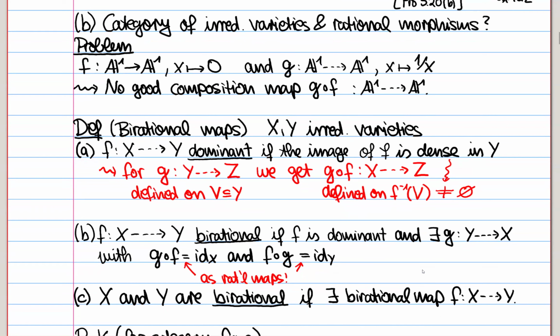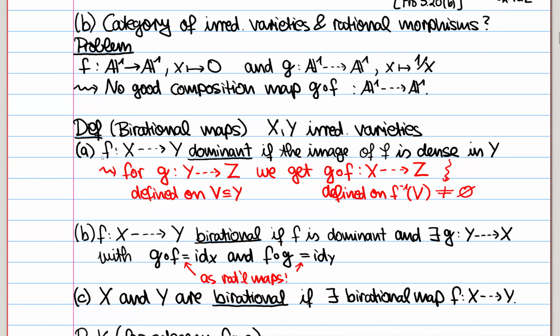So we start again with X and Y irreducible varieties, and then such a rational map from X to Y is called dominant if the image of F, I mean, it's defined on some open subset of X, and so it has some image in Y, is dense inside Y. And it's a small argument that you can check for yourself that this is actually well defined on this equivalence class.